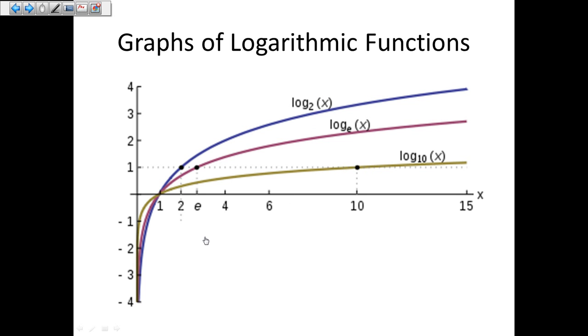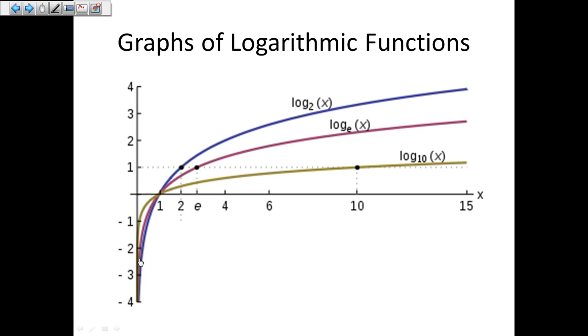Now all three of these curves have a lot of stuff in common, as all logarithms have. They all go through the x-axis at 1. As long as you don't have any other numbers added or subtracted or multiplied in here, they always go through the x-axis at 1. They all approach the y-axis but never ever cross it.